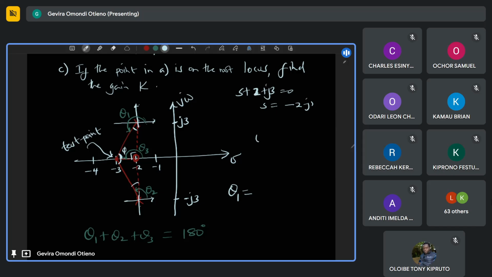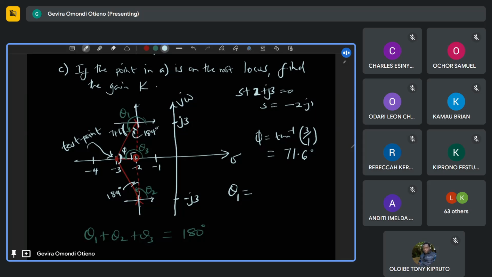Phi is going to be the inverse tangent of 3, because that is the opposite, and the adjacent is 1. And I think we have calculated before in the previous case that this is 71.6 degrees. So if this is 71.6 degrees, then this angle here is 71.6 degrees, and therefore the angle inside here should be 18.4 degrees. Even this angle here should be 18.4 degrees.